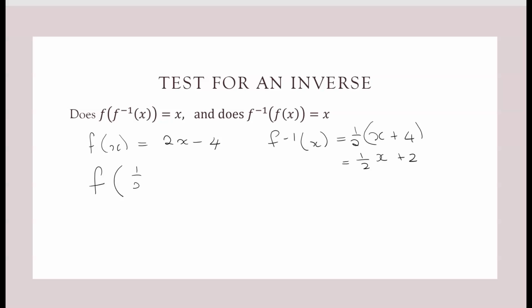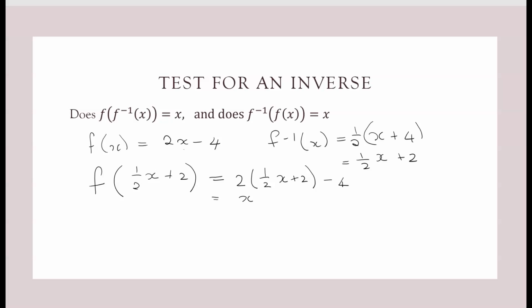So we're going to put a half x plus 2 into our rule. Now our rule says multiply the original input by 2, and then subtract 4. So that's going to be 2 times a half x, which would be x, 2 times 2, which is 4, minus 4, which is 0, which is x.